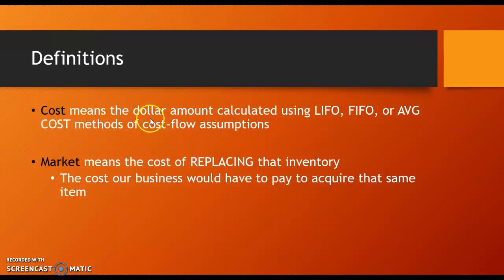Cost means the dollar amount that we calculated in the first place using LIFO or FIFO, average cost, whatever cost flow assumption method we used. We calculated all the milk that was there, including the milk that's past the expiration date. That's our cost. Market means how much it would cost us to replace that exact inventory.